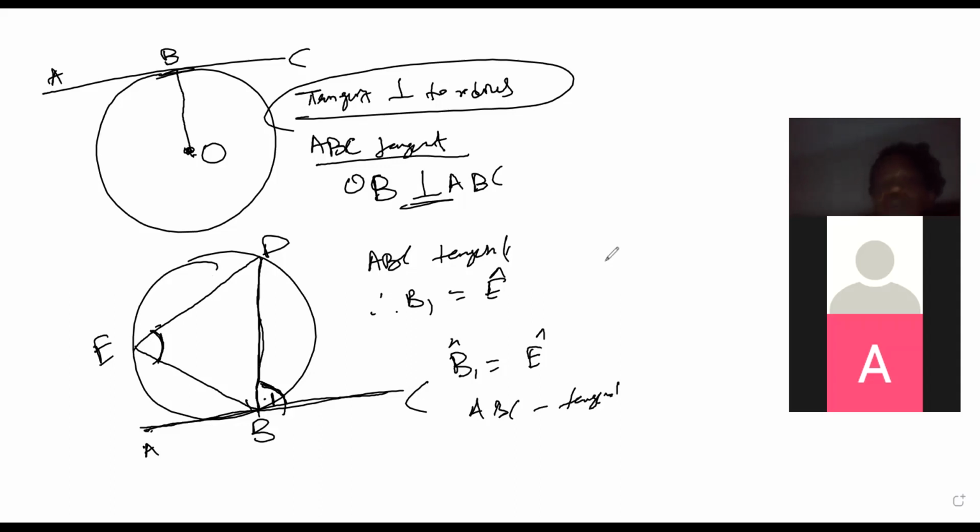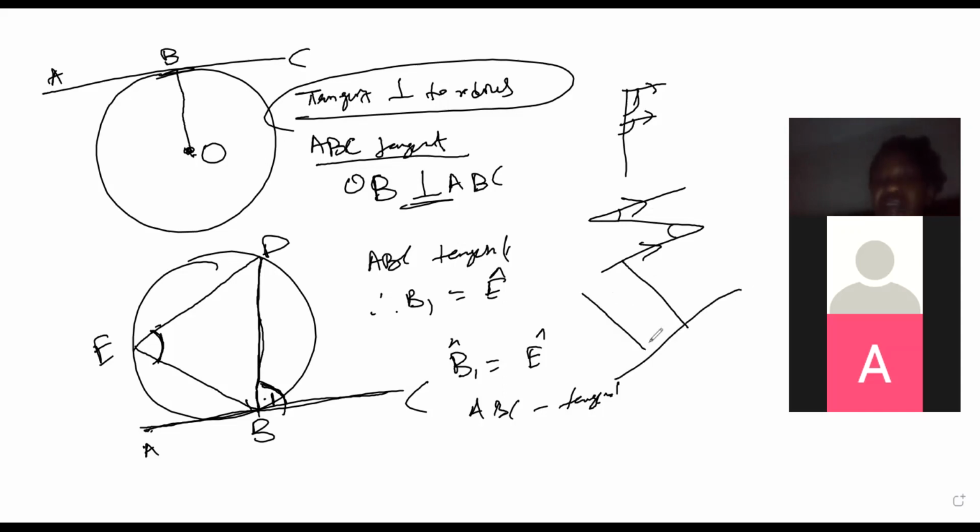And I'm sure you all know about parallel lines. If we've got an F shape and these lines are parallel, these angles will be equal. If you have a Z shape, with this line parallel to that, the angles forming a Z will be equal. If this is parallel to that, co-interior angles will be supplementary, so this plus that will be 180.